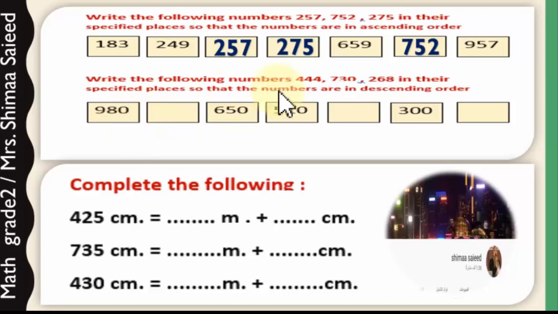After 980, 400 or 700 or 200? Excellent, 730. After that, 650, 510. We have 444 and 268. Which one? Excellent, 444. After that, 300. After that, 268 is the smallest one.